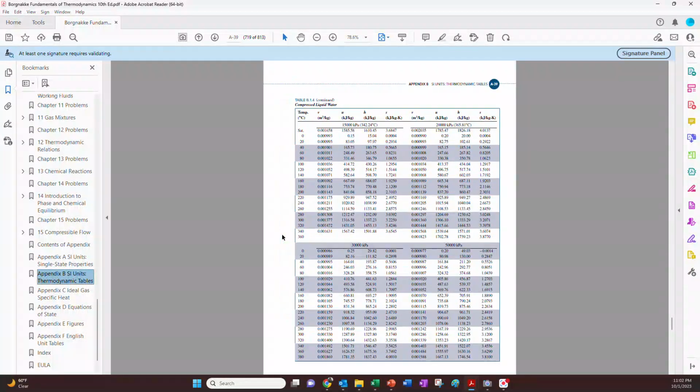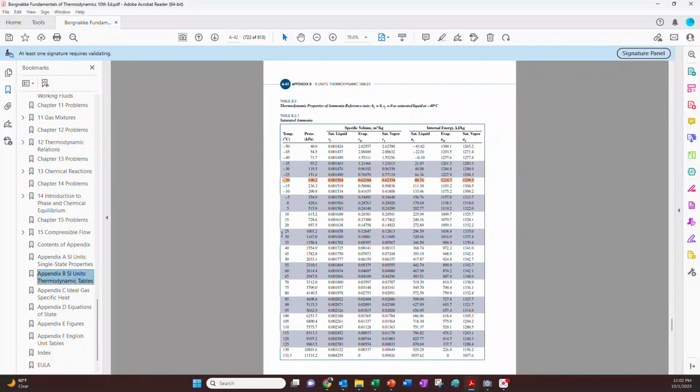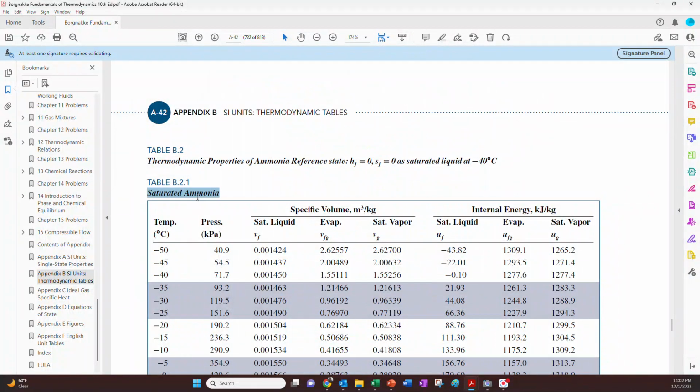B. Yeah, there you are. All right, see, I was already here. Here's saturated ammonia, and we're going to be at minus 20. And so here are the values that we need across the board.